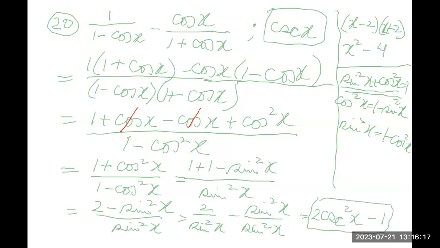Let's do one last such problem. This is number 24. We have to rewrite tan x so that the only trigonometric function that remains is the secant function. So once again, I'm going to convert the tan into sine and cosine.